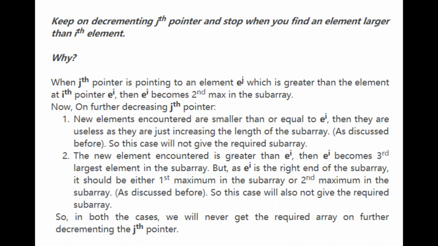And if we find an element greater than the ith element, it will become the second largest or the largest element, and so the ith element will become the third largest element. But what we have taken is that we have taken the ith element as the endpoint of the subarray, and the endpoint should contain either the largest or the second largest element. So that subarray will be useless as well. So we will never get a valid subarray on further decrementing. So we will stop when we get an element which is greater than the ith element.